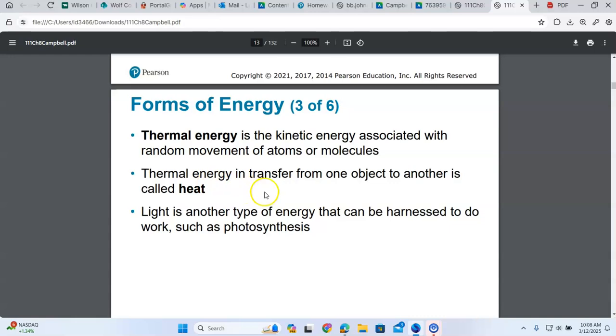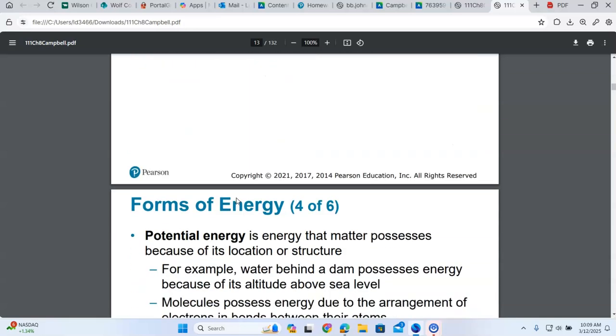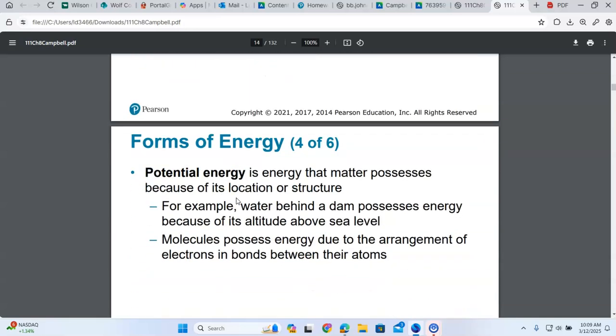And when thermal energy is transferred from one object to another, it's in the form we call heat. So thermal energy and heat energy are basically the same. Light energy is a type of energy that can be harnessed to do work, such as in photosynthesis.